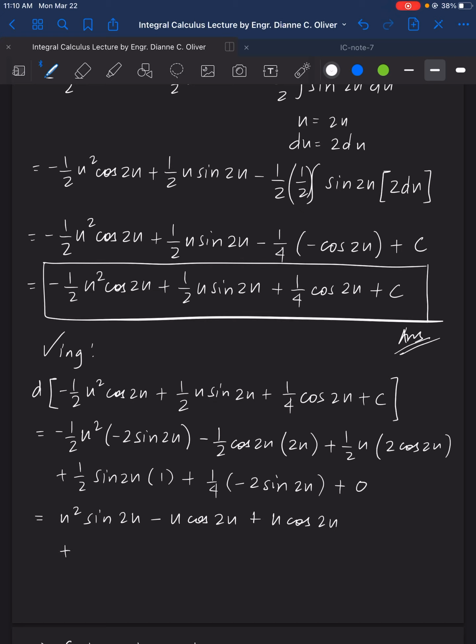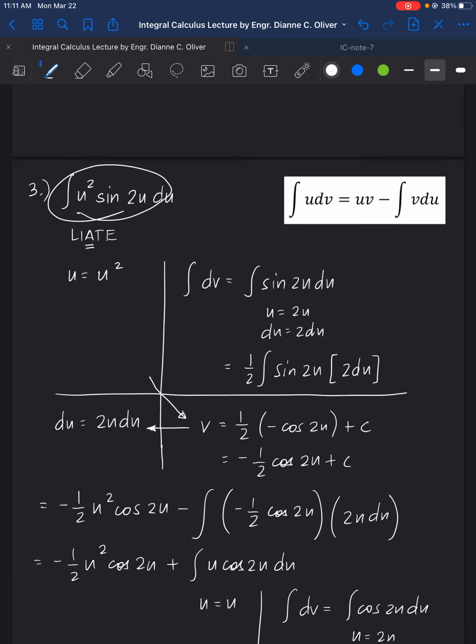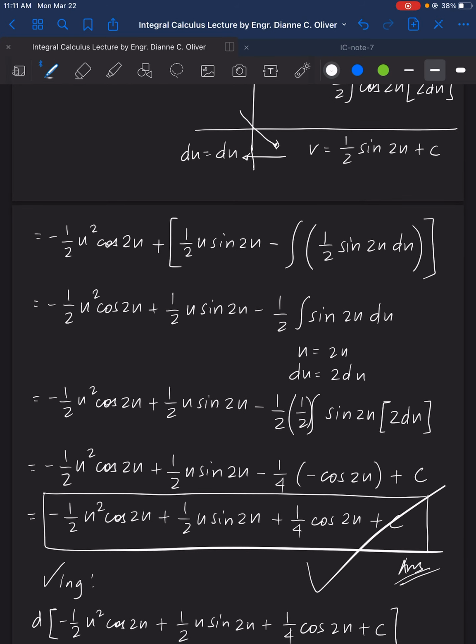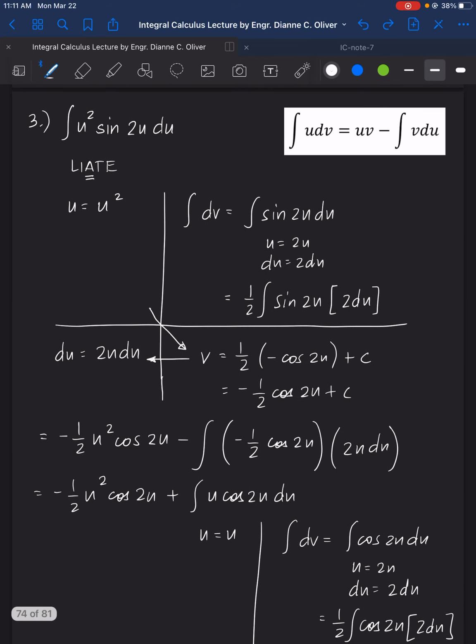Then we have here plus 1/2 sine 2u minus 1/2 sine 2u. So final answer is, cancel u cosine 2u with negative, cancel this one here. What's left is u squared sine 2u. And the given is u squared sine 2u. Therefore, we are happy that this answer is correct. So that's all for number 3.